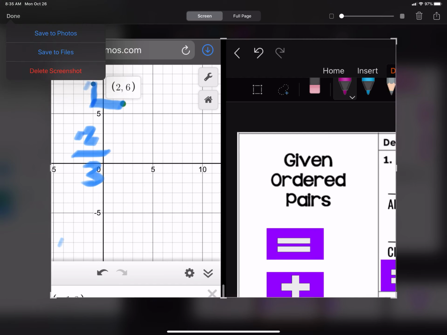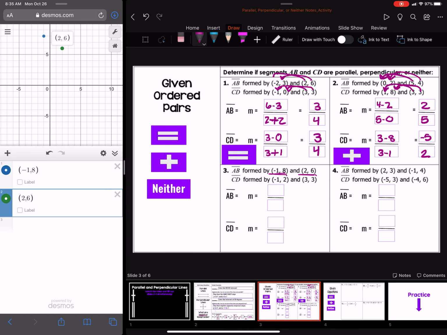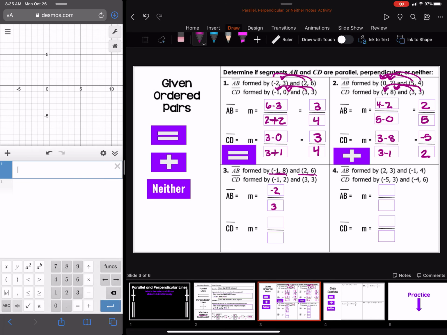So my slope is -2 over 3, so we're going to put that in. -2 over 3. And then we're going to try this one, and this one's going to put those in parentheses. We're going to do -1, 2, and then we're going to do 3, 3. And this looks like a positive slope.